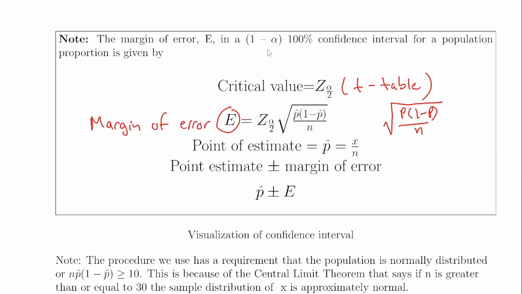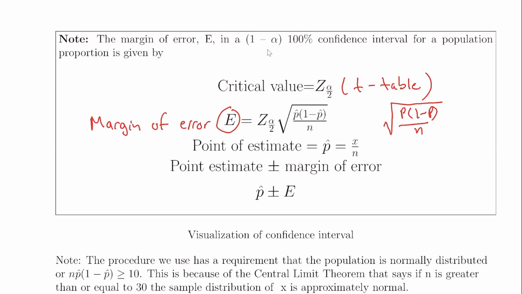Remember if we do 95%, this is your confidence level. In order to find alpha, alpha is equal to 1 minus the confidence level. If the confidence level is equal to 95%, you do 1 minus 0.95, which is 0.05.